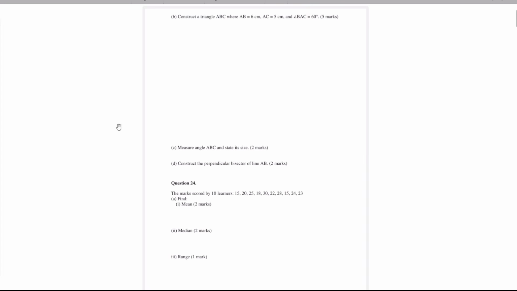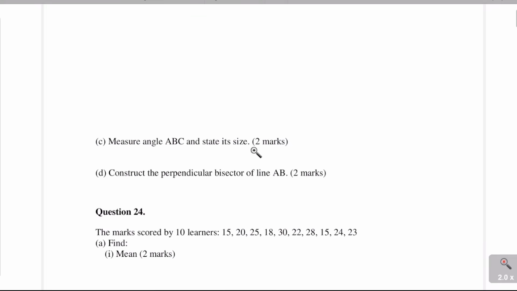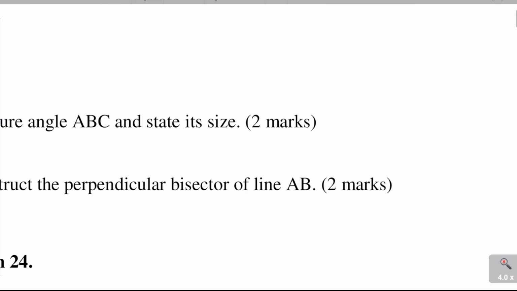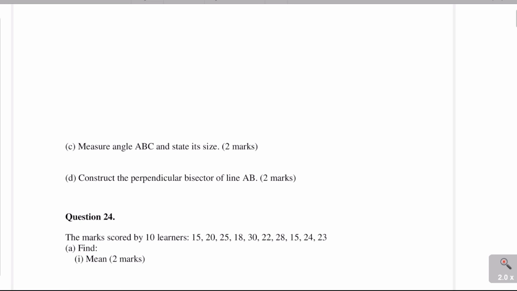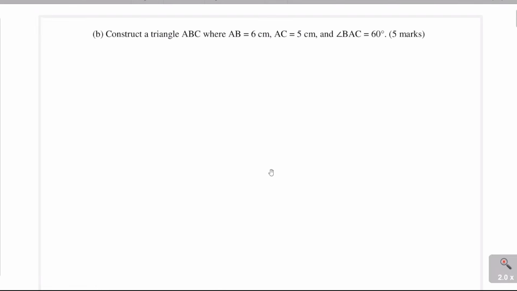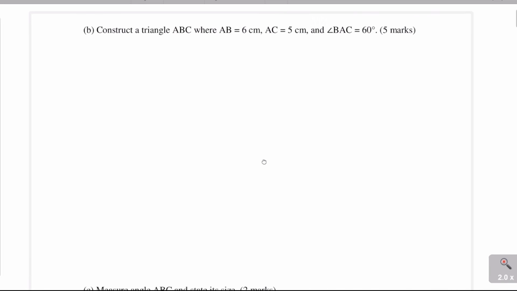So you go to the other question. The other question is a question on construction. How are you supposed to construct triangle ABC? Construct triangle ABC, where AB is 6 centimeters, and then BAC is 60 degrees.